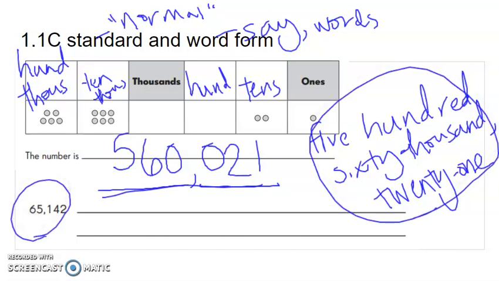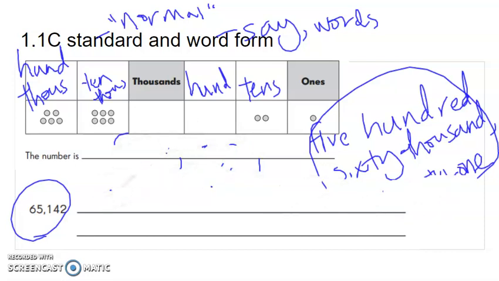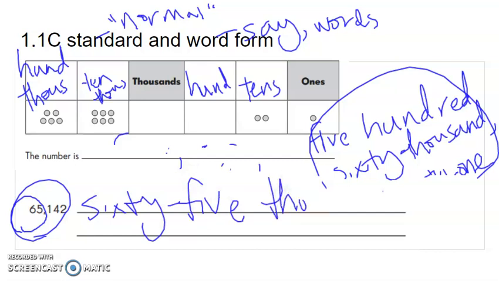Okay, so standard form, word form. Now we have this number here. What form is it in? Standard form. I'm going to erase a little bit so that I have room to write this one. So then I need to think how I would say it. Well, I do everything before that comma. So 65. Then when I get to the comma, I say thousand.